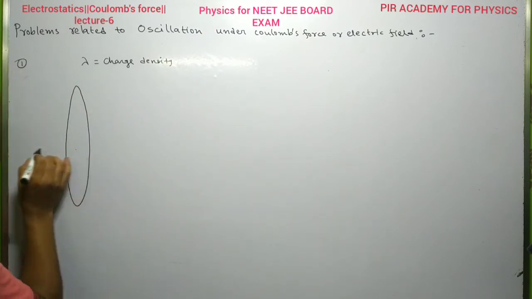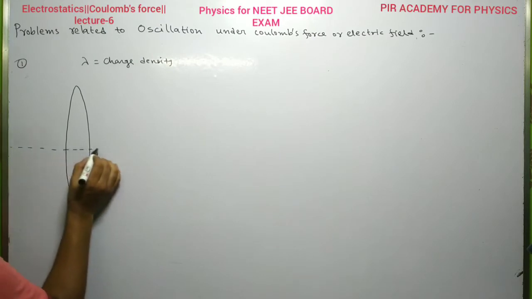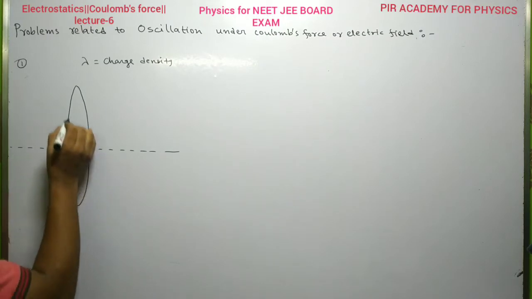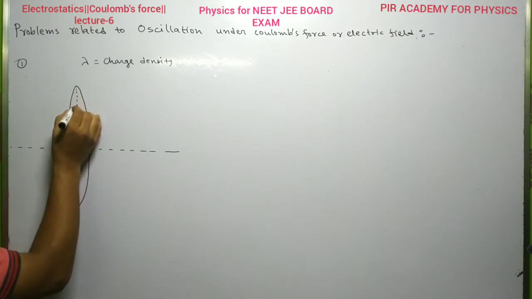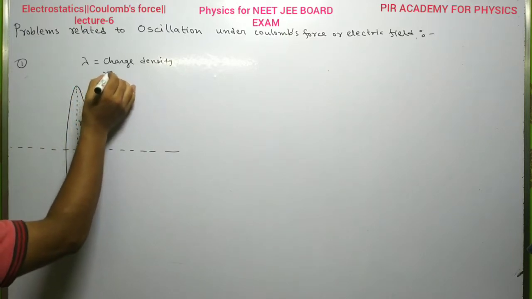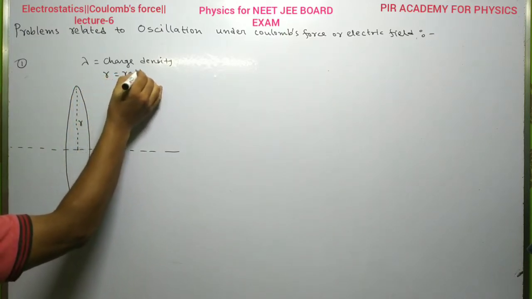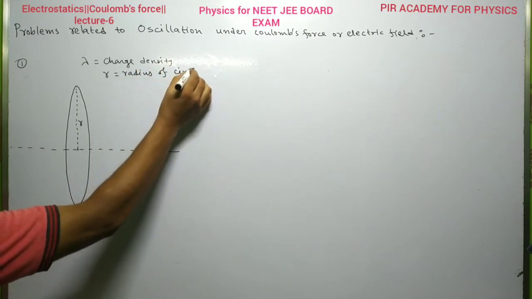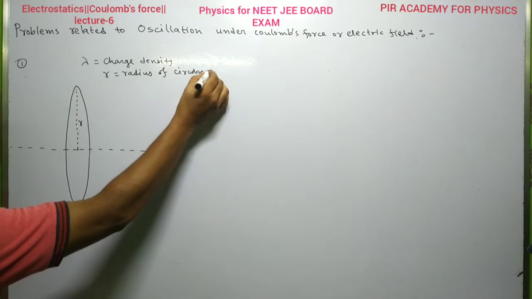Now this is the axis of this circular wire, and this is the origin. The circular wire has radius r.